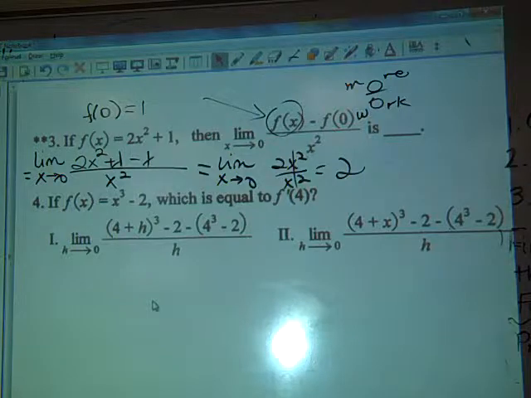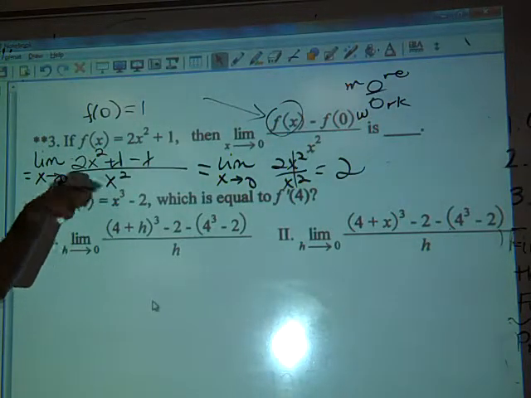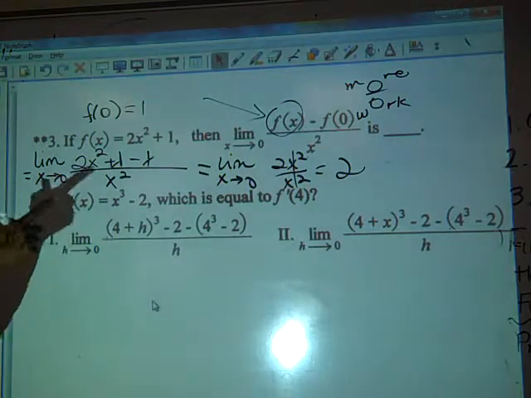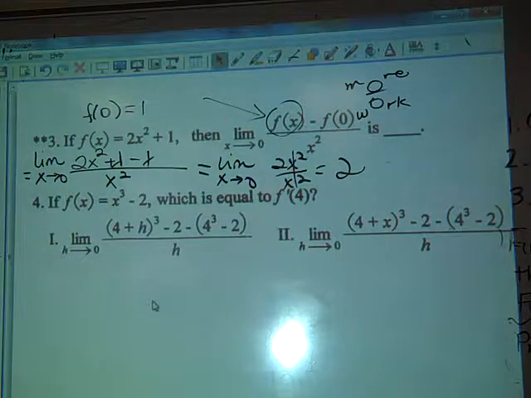I think it was over x minus 1. You had f of x minus f of 1 over x minus 1. So from there you just clean up the algebra and you end up with 2 for your limit.